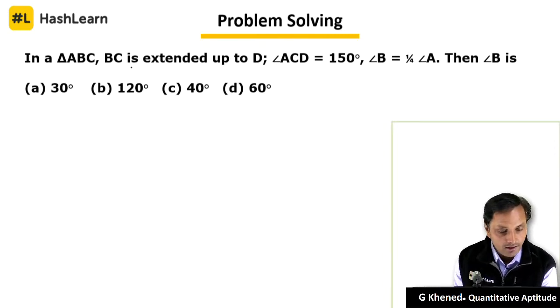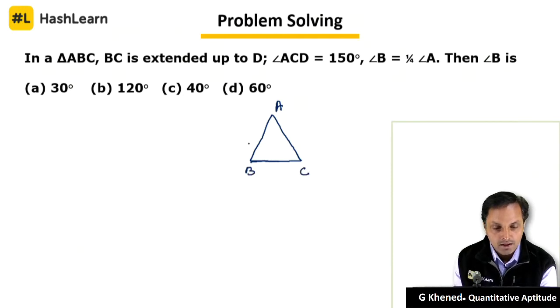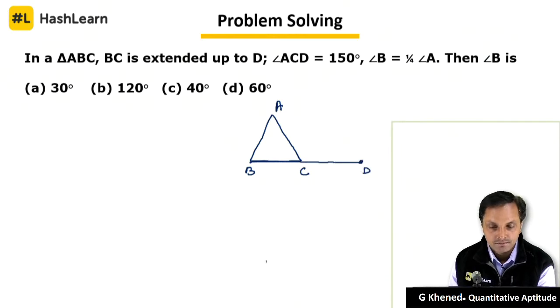See here, in a triangle ABC, if this is your triangle A, B, C, BC is extended up to D, such that angle ACD is 150 degree.